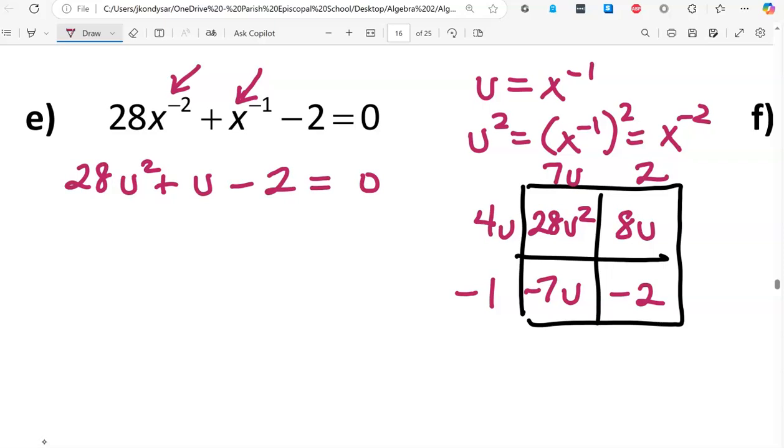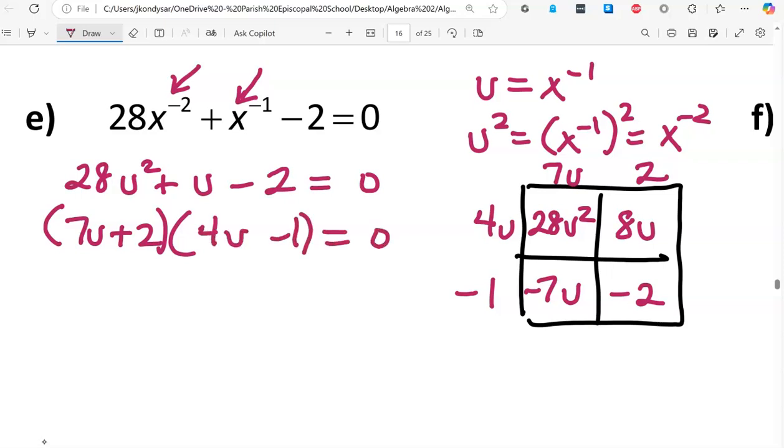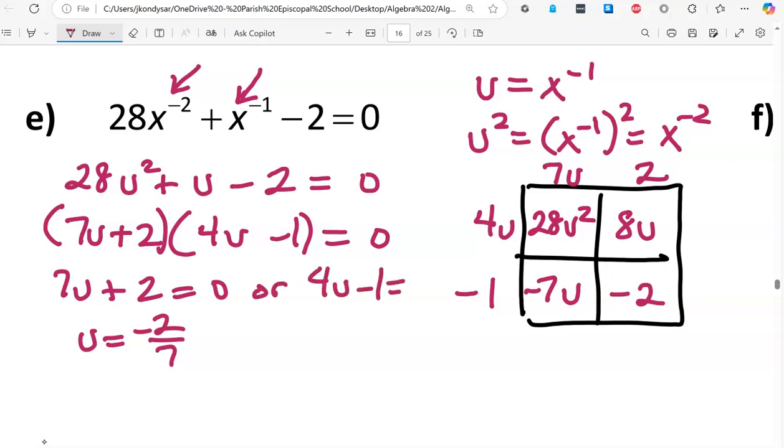So 7u plus 2 times 4u minus 1 is 28u squared plus u minus 2. So I'm going to write those factors. 7u plus 2 times 4u minus 1 equals 0. If we set 7u plus 2 equal to 0, we'll get a u value of -2/7. And if we set 4u minus 1 equal to 0, then we get a u value of 1/4.